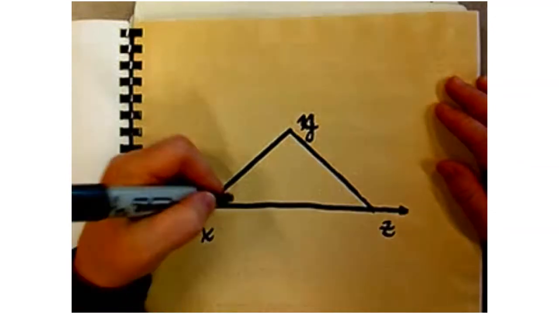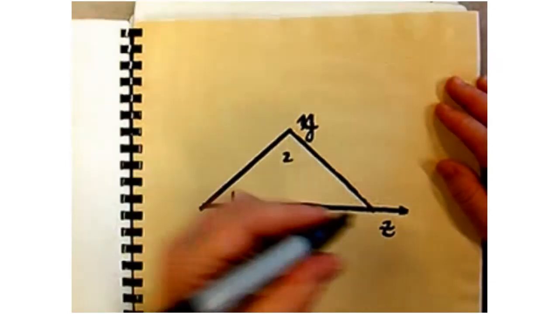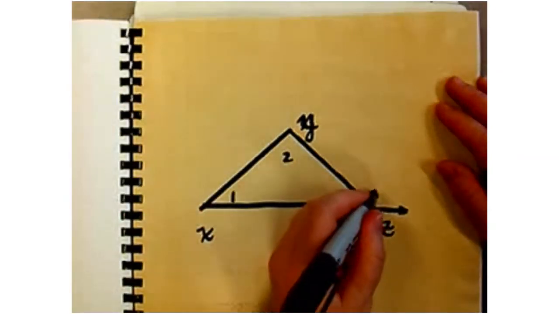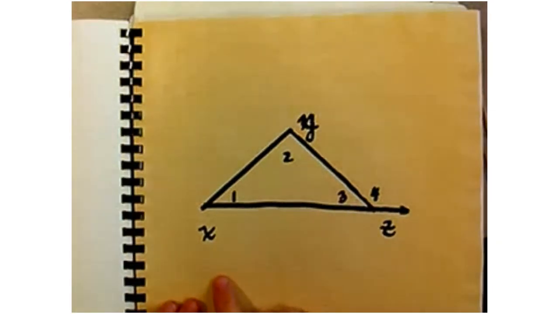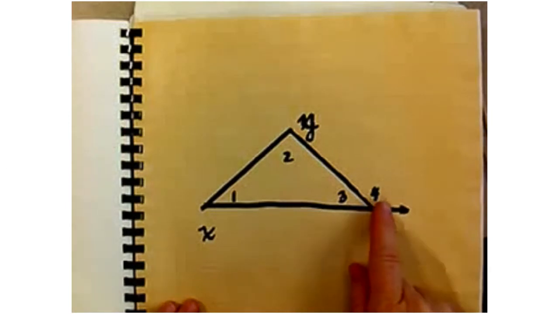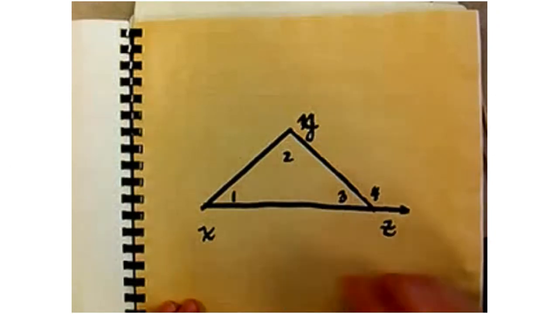They've labeled the interior angles at X number 1, at Y number 2, and at Z number 3, and the exterior angle number 4. And it's just showing then in symbols down below that the measure of angle 4, the measure of that exterior angle, equals the measure of angle 1 and angle 2. It equals the sum of the remote interior angles.